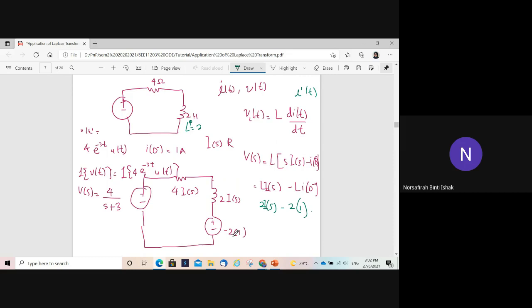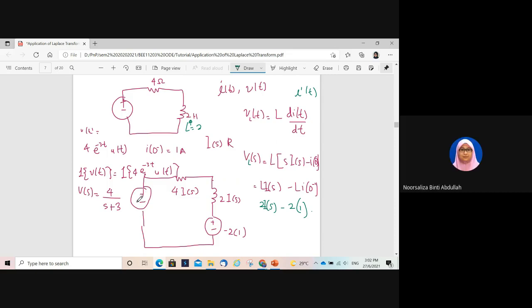Okey, madam. Faham? So doktor, yang VS tu 4 over S plus 3 doktor. No, this one is VLS, the voltage for inductor. So yang VS yang doktor buat yang depan sekali tu, untuk apa doktor?